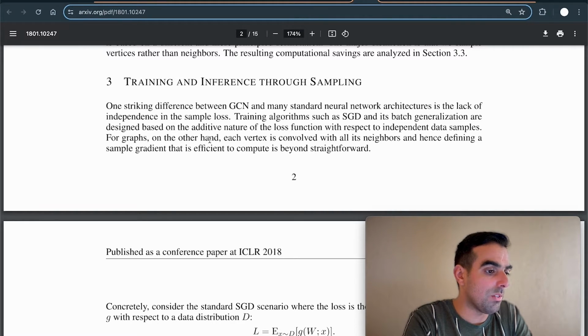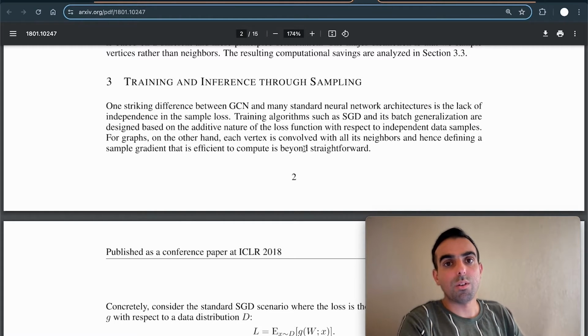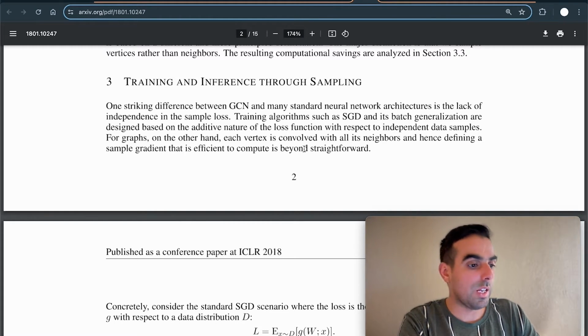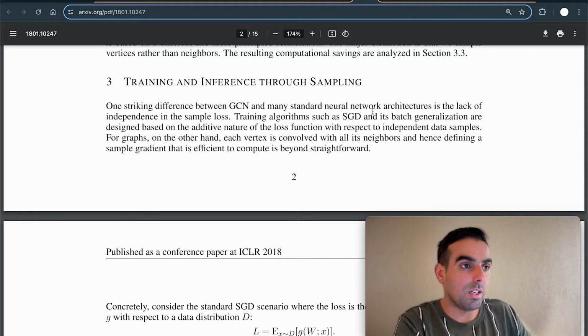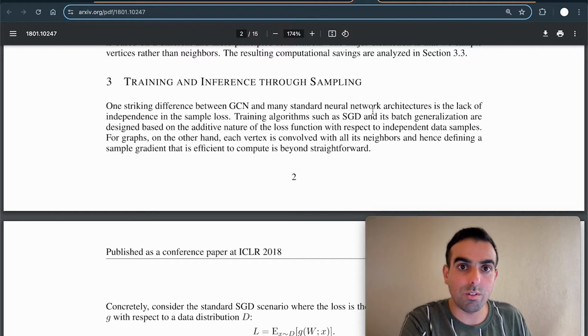For graphs, on the other hand, each vertex is convolved with all its neighbors, and hence defining a sample gradient that is efficient to compute is beyond straightforward. So in standard neural networks, with points or images, these samples are independent. They do not rely on each other, but in graphs, each vertex is allowed to connect to any vertex on the graph. So it is dependent on that vertex.